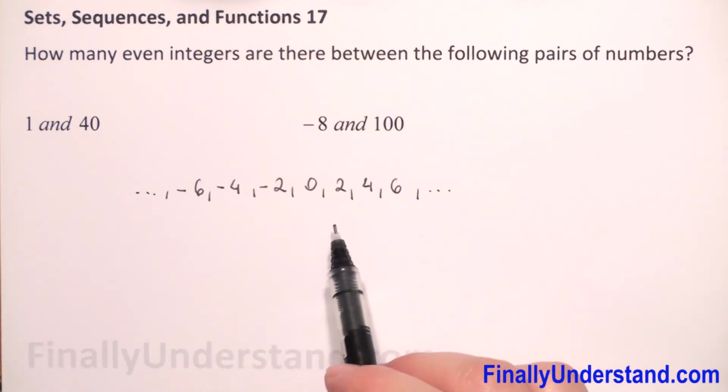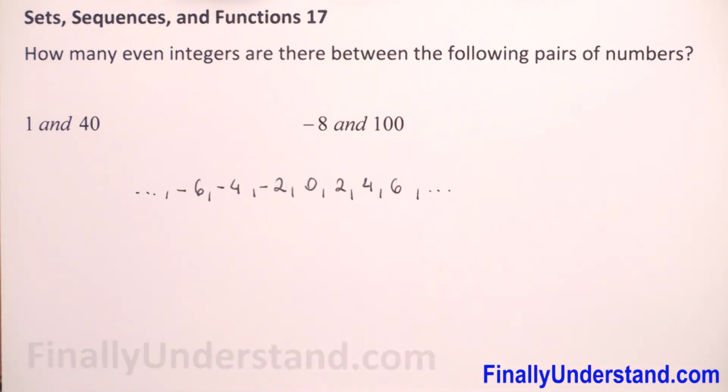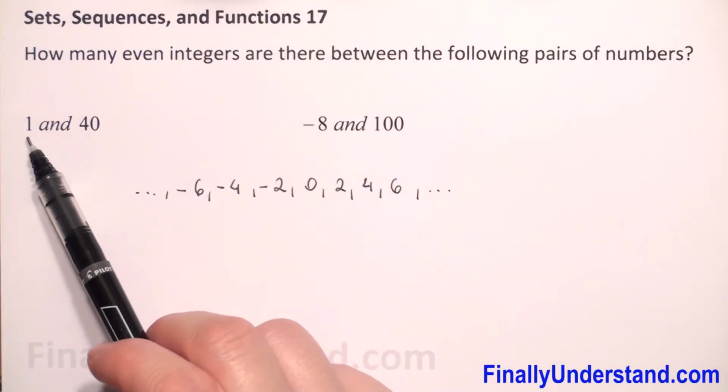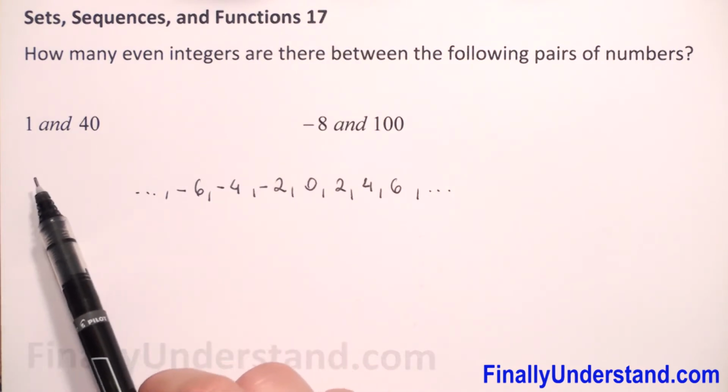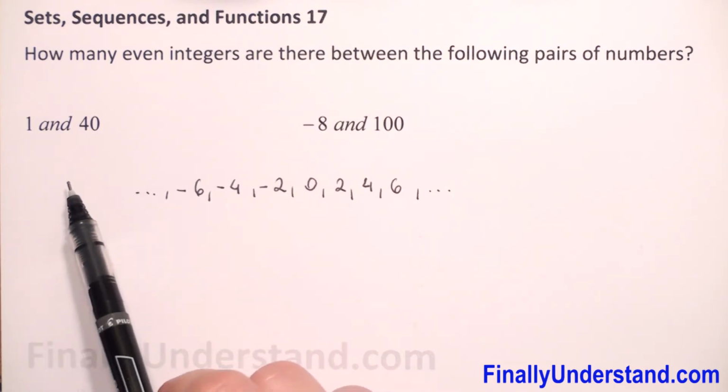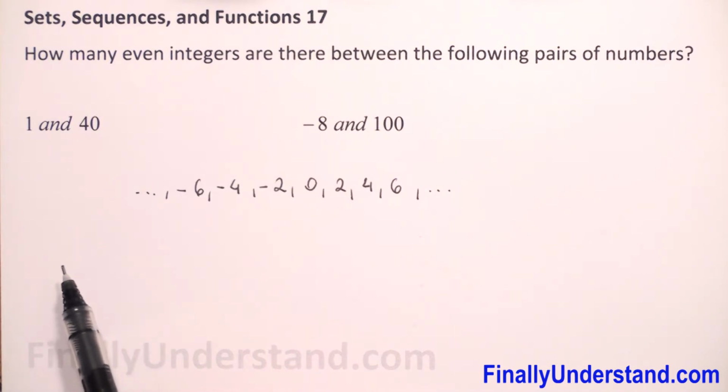These are even integers. And now, to find how many even integers we have between 1 and 40, we can always list them and count them, but we have a formula.